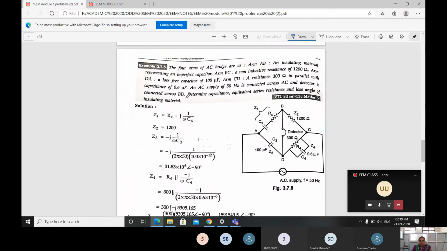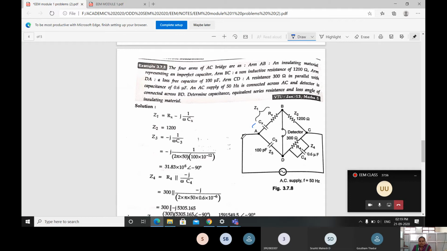Then here is a somewhat lengthier one. We already did in the previous problems how we connect based on the given problem. We have to construct the bridge and calculate the resistance and also the capacitance value. We will check the problem that is given. Here a 4-arm AC bridge is as follows.